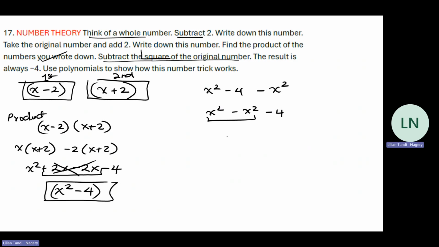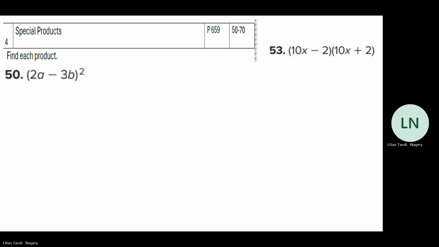These two will become 0, minus 4 will give us negative 4. Now I am confident I did it correctly because I got here. Use polynomials to show how this number trick works. I have solved and I have done my work. All right, let's move on.